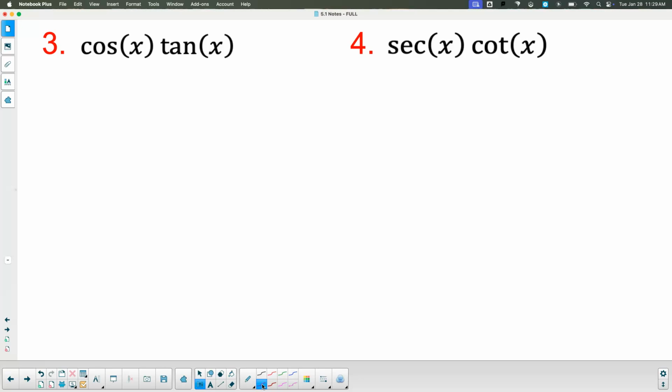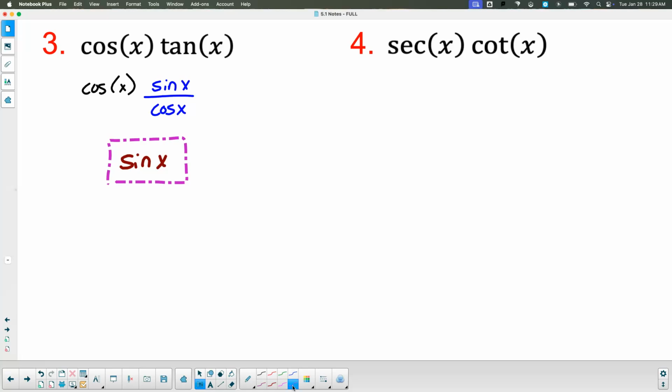So cosine is cosine. What's tangent? What's sine over cosine? So then this would just be sine of x. Agree? Yes? Yeah. Okay. Secant is 1 over cosine.